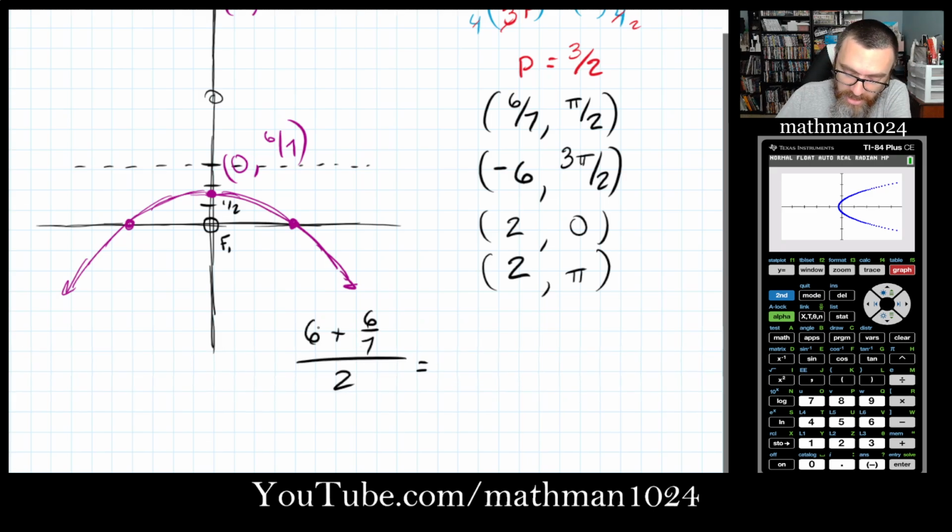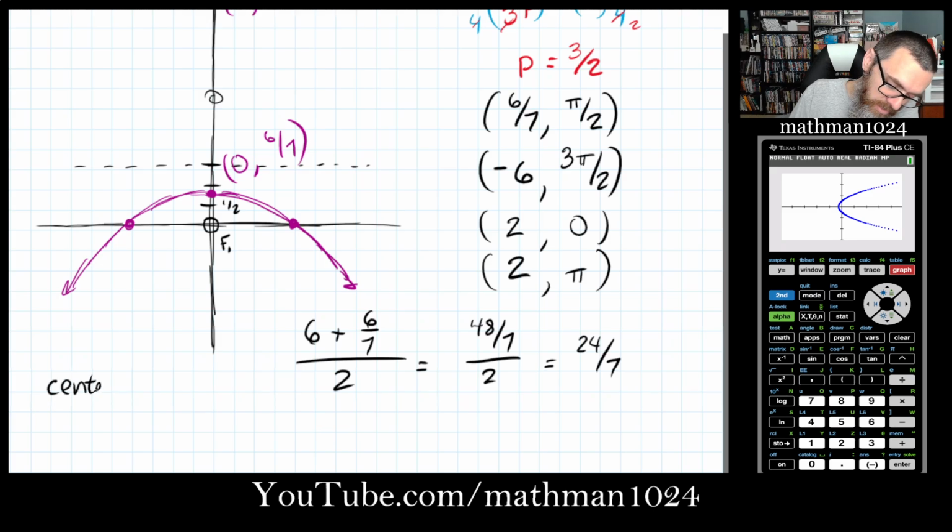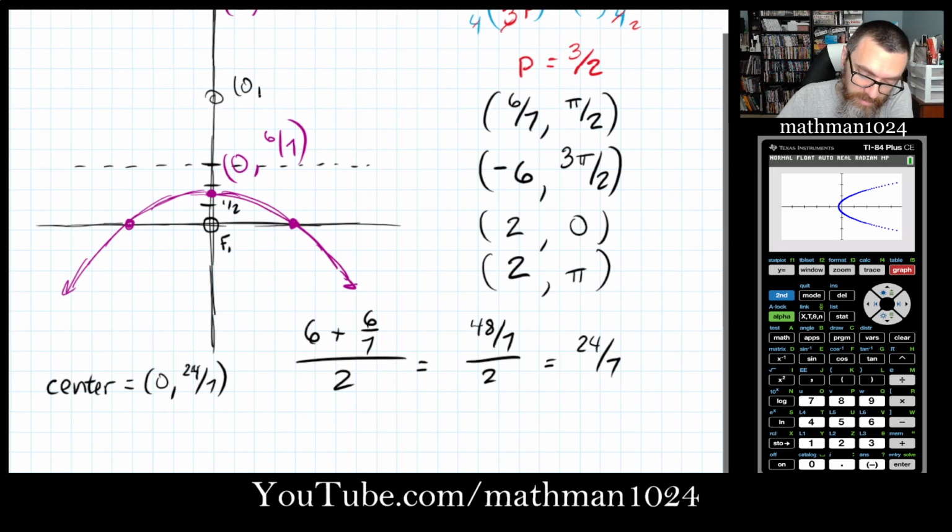All right, so that's going to be 7 times 6, that's going to be 42, 48 sevenths divided by 2 is 24/7. Make sure I double check. Yeah, I agree with that. So the center for this hyperbola is going to be 0, 24/7.